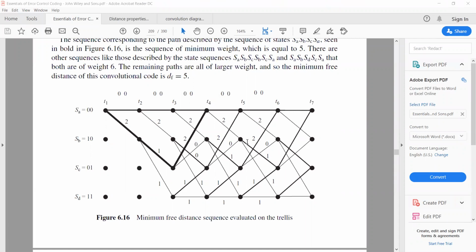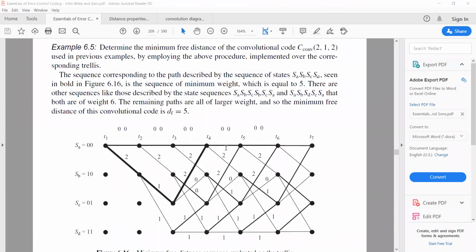So from the code trellis diagram, this is very easy. I think you have already gone through the Viterbi algorithm, how to calculate it. There we considered the outputs every time, in this position above the arrows.